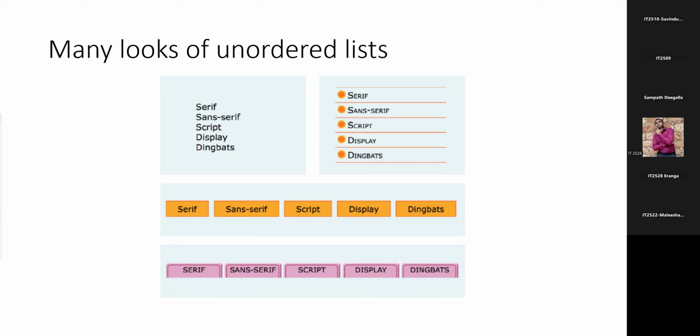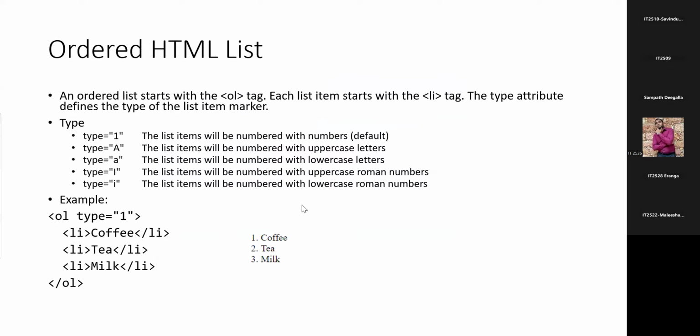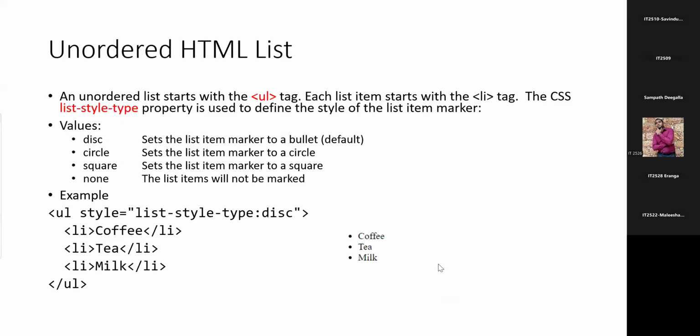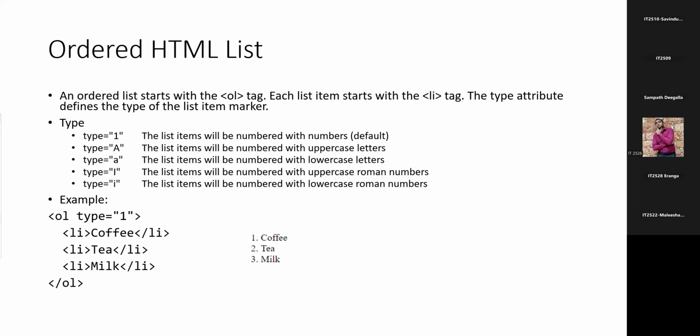Right, let's move on to the next one. So the next one, I'm going to see the ordered list of items. You can notice the type you can specify, right? So you can try the same thing with OL. This is how it looks like.